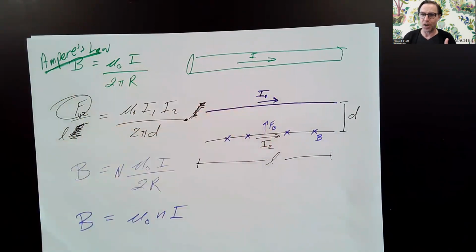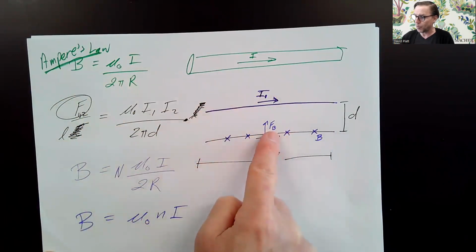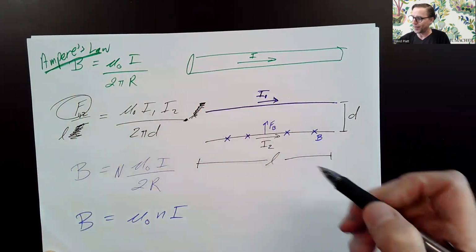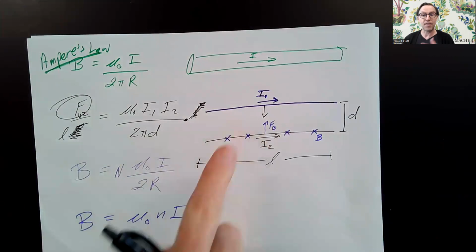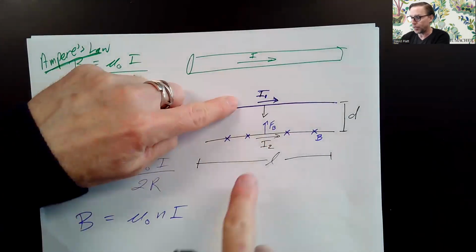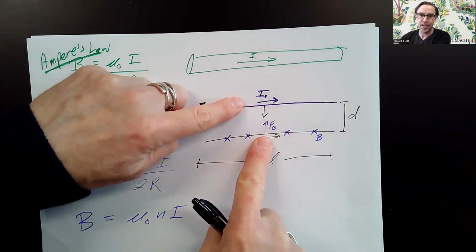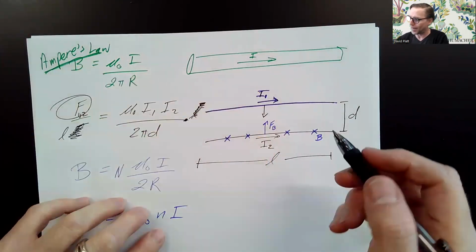Because of Newton's third law. Remember Newton's third law? A pushes B that way. B pushes A the opposite of that way. So if this wire pushes this wire up, that means this wire pushes this wire down. And since they are pushing each other, since this one pushes this one toward this one, and this one pushes this one toward this one, we call that attraction.